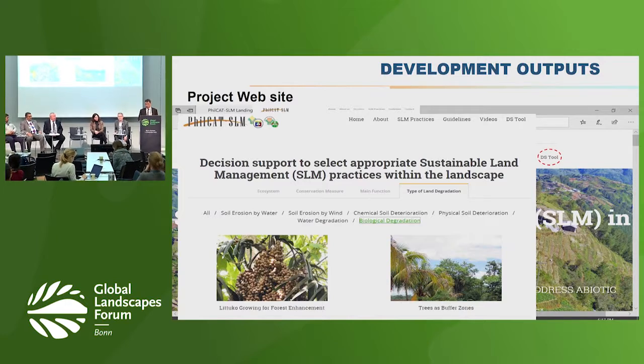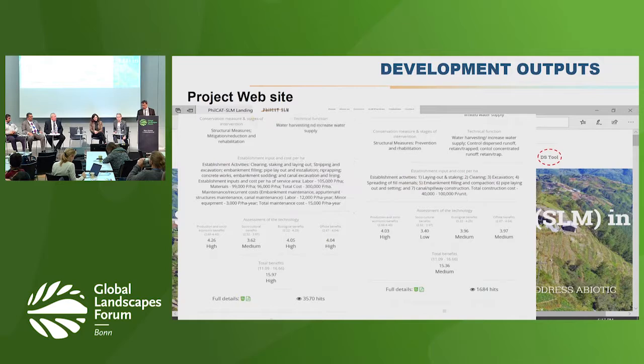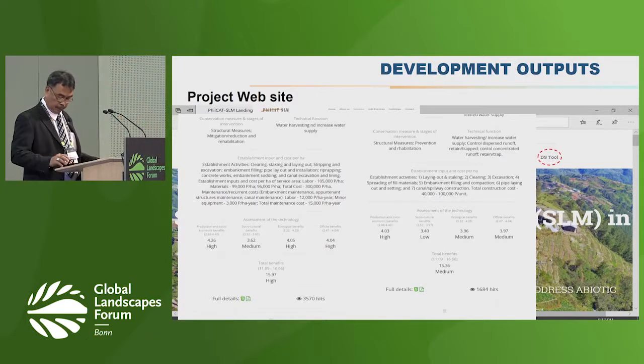And also, so that you could be properly guided, what we did is to provide some sort of assessment of the technology, looking at the production and socio-economic benefits, the sociocultural benefits, the ecological benefits, and the off-site benefits of a specific technology, so that you could be provided with a basis for the selection of appropriate technology.